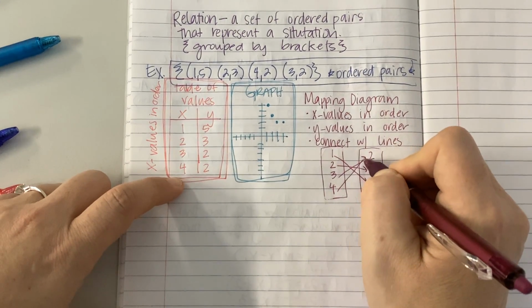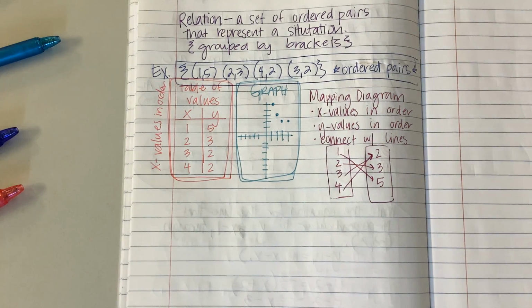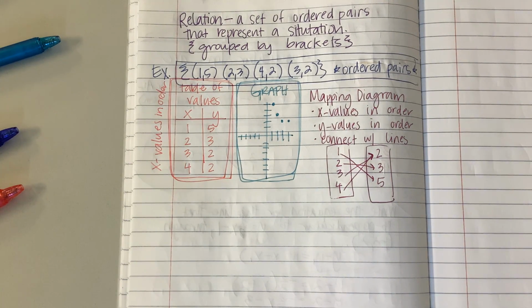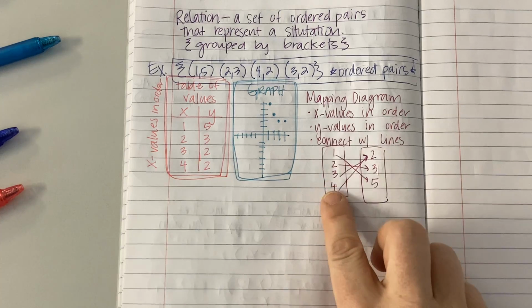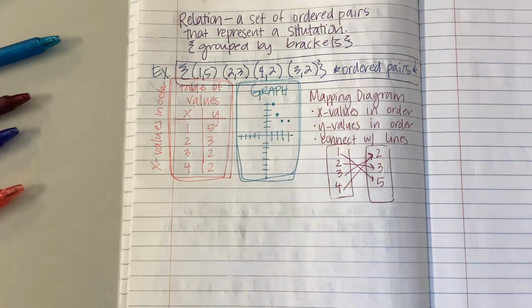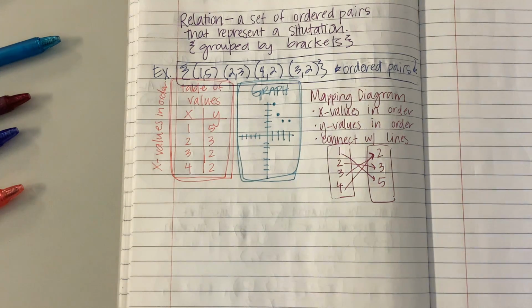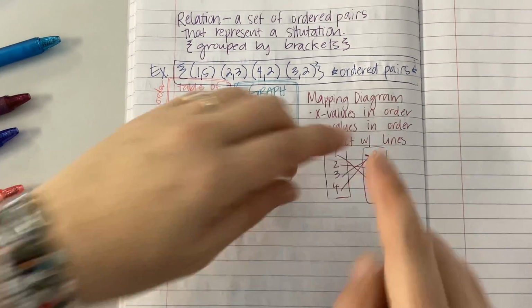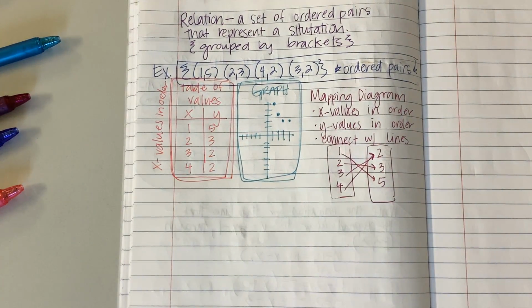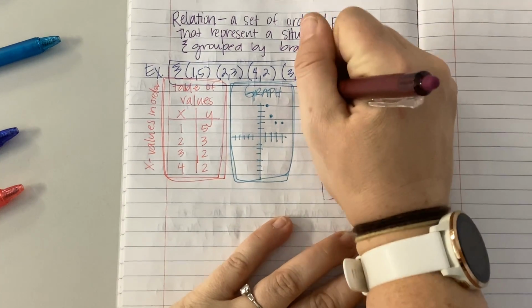And 4 also goes to 2. Does that make sense? It's just my list of X values here, my list of Y values here, and then I connect my X value to its Y value. I draw a line from the X to the Y, from the X to the Y. And if 2 things share a number, it just gets 2 lines drawn to it. Mapping diagram.